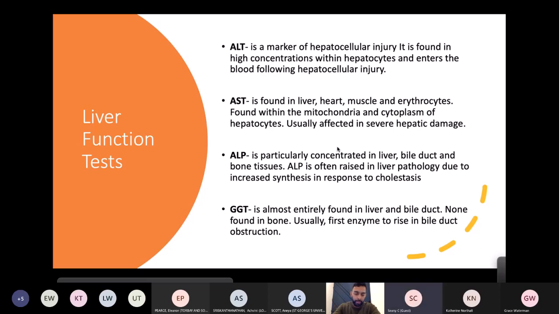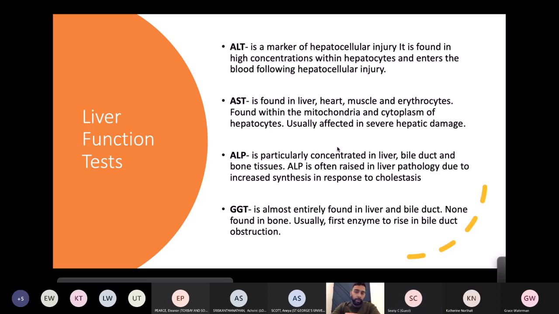So it leaves you with a slight problem, because if the ALP is raised, you need to identify: is this a biliary duct problem or is this a bone problem? And that's where GGT comes into play. GGT is almost exclusively found in the liver and bile ducts. It's usually the first enzyme to start to rise in any bile duct obstruction.